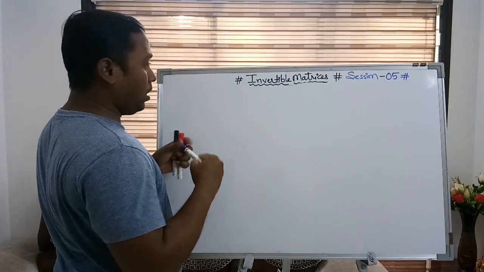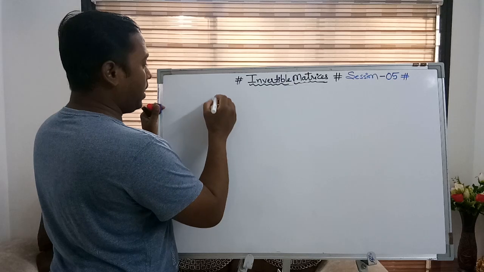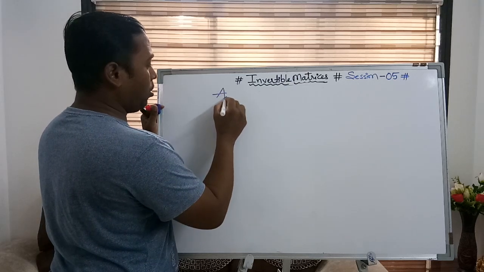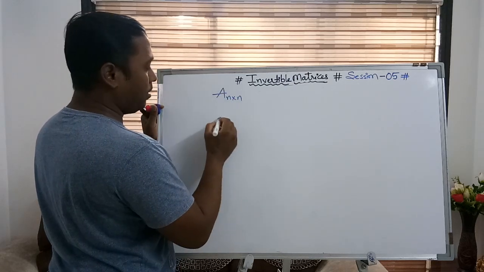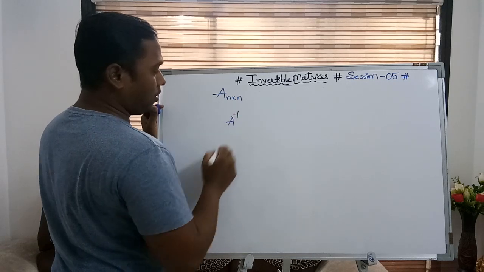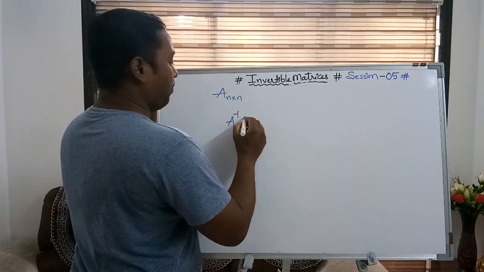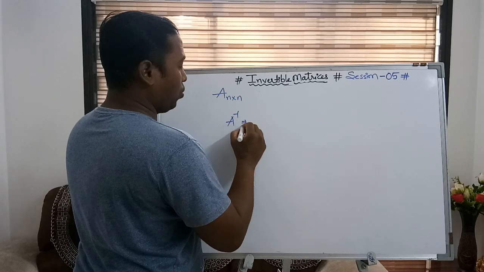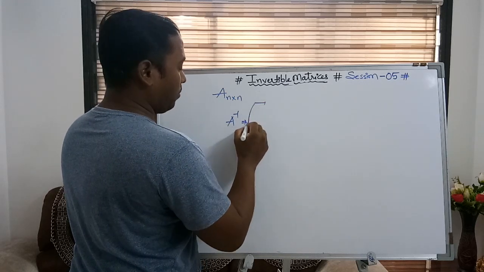So we are talking about the inverse, right? If a square matrix A of order n by n, then its inverse is obtained through various techniques.